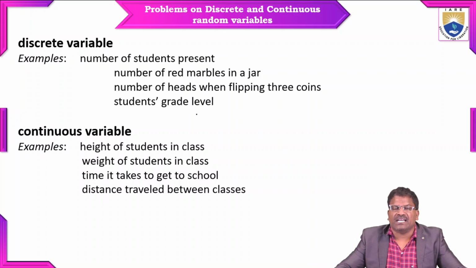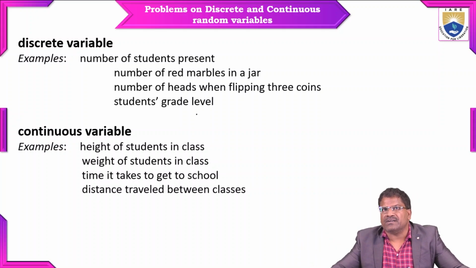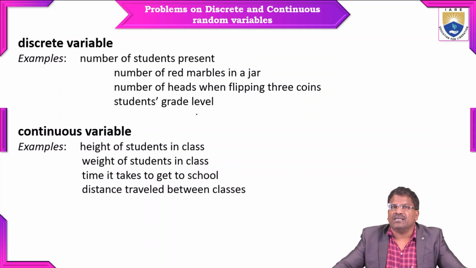Next, students' grade out of 100 or out of 50 or out of 20, it is limited. Its grade will be determined like that only, so it comes under the limited case.